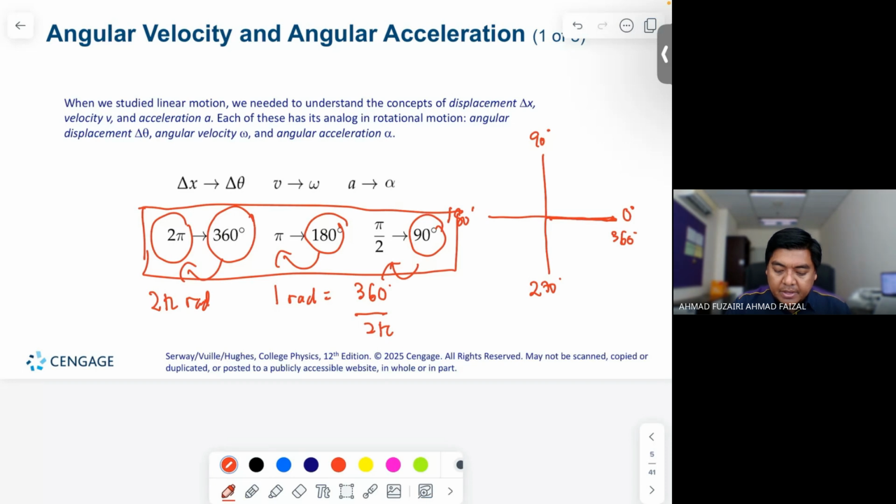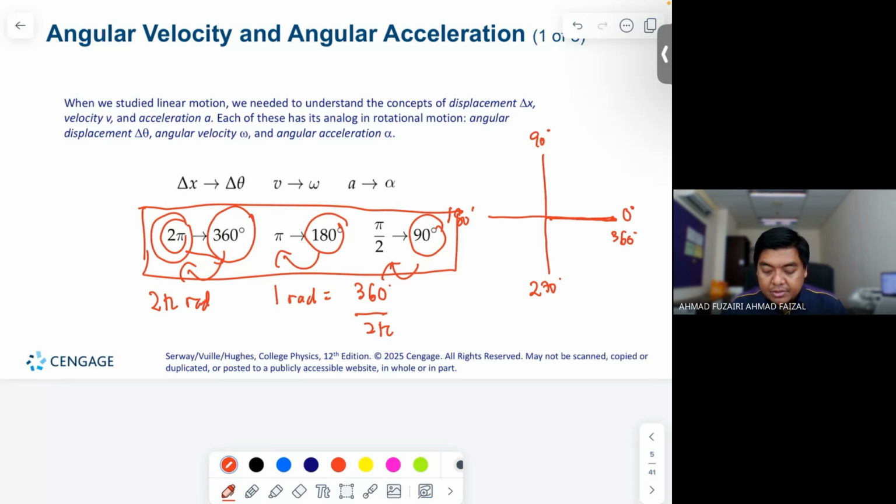You bring this 2 pi radian to the bottom part, to the denominator part. So 360 degrees, you divide by 2 pi in order to find what is 1 radian. In this case, 2 pi radian is equivalent to 360 degrees. Just take one. Then what happens to 1 radian? So 1 radian equals 360 degrees over 2 pi.